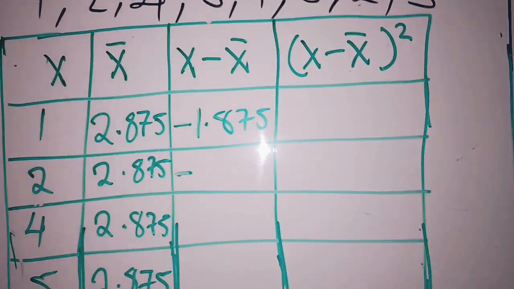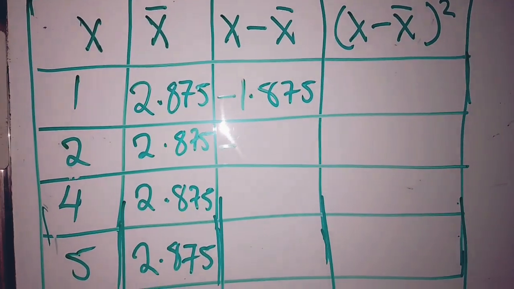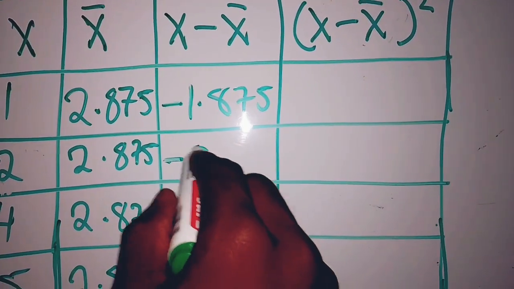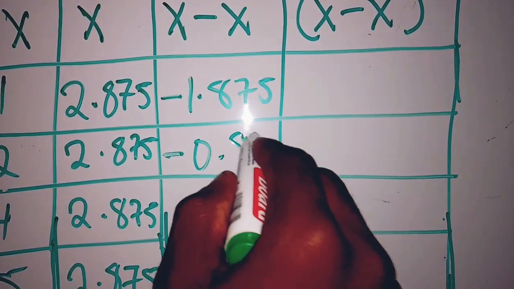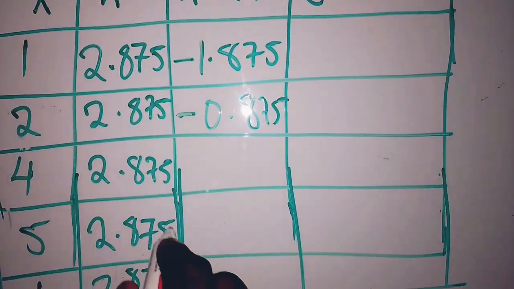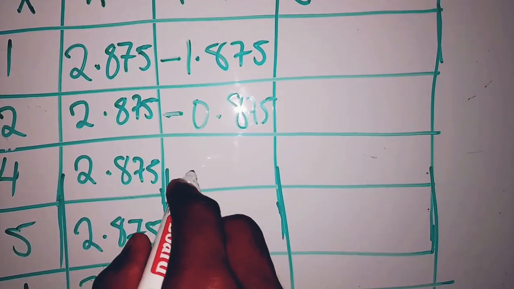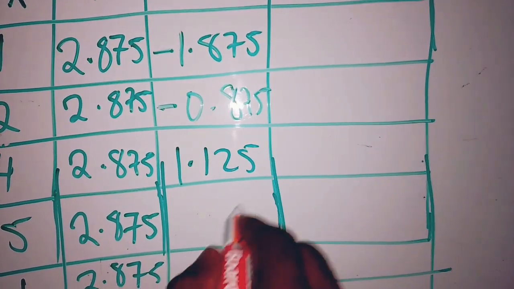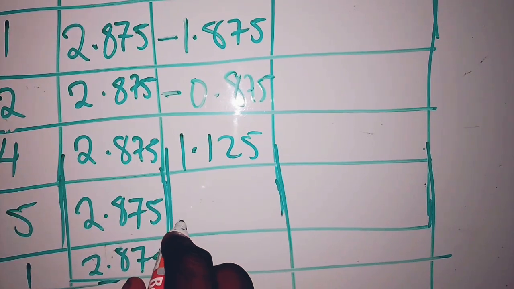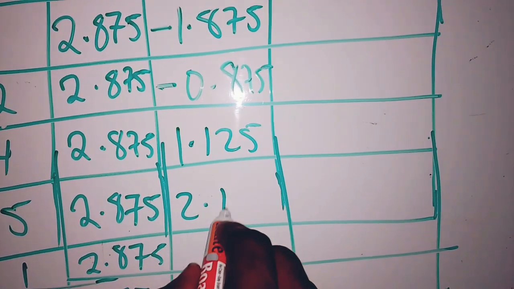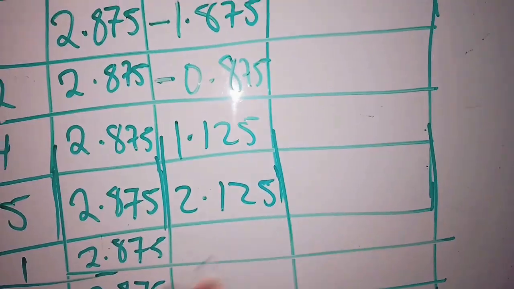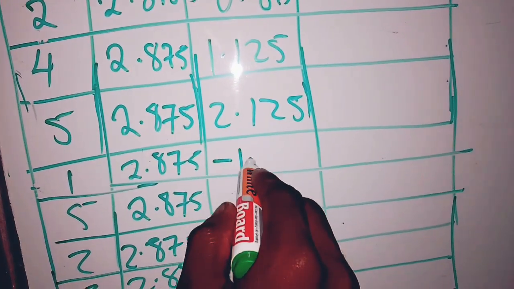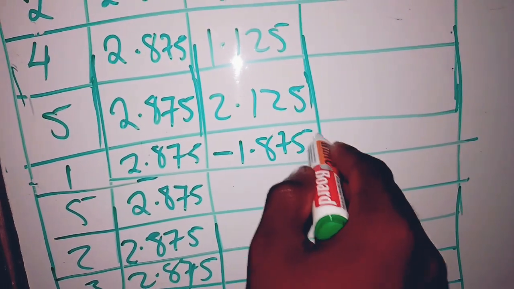From my calculation, I'm having here 0.875. Here 4 minus 2.875, I'm having 1.125. 5 minus 2.875, I'm having 2.125. Here it's the same as that one, so negative 1.875.